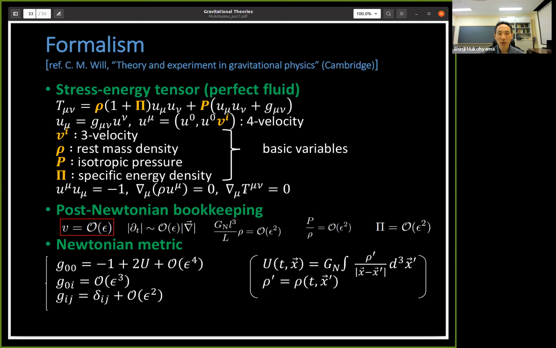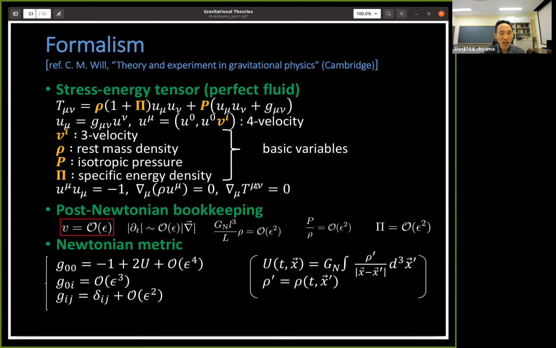Also, T^μν should have a vanishing divergence, as we have seen already. As long as the matter action is invariant under diffeomorphism, the divergence of T^μν is 0. So these three equations are the basic equations for the stress-energy.